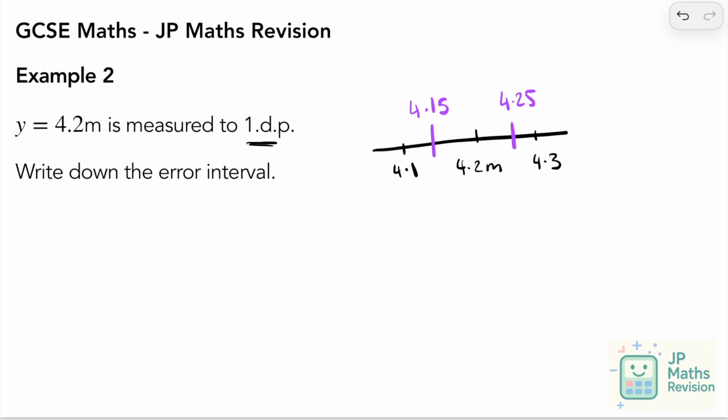So this tells us any values that are less than 4.25 are going to round down to 4.2, and any values more than 4.15 are going to round up to 4.2. So the way we write the error interval is we say 4.15 is less than or equal to y, which is less than 4.25. It can't be equal to 4.25 because 4.25 would round up to 4.3.